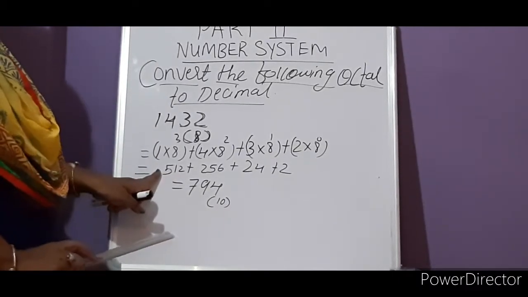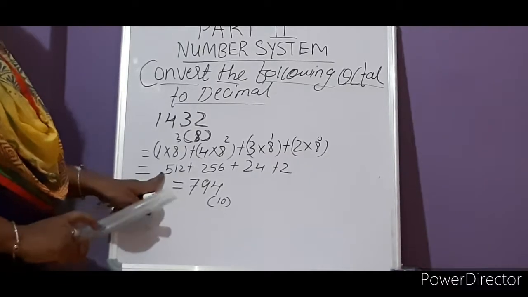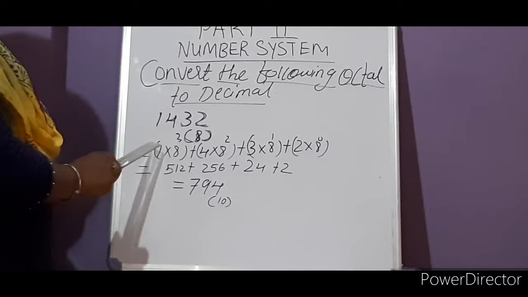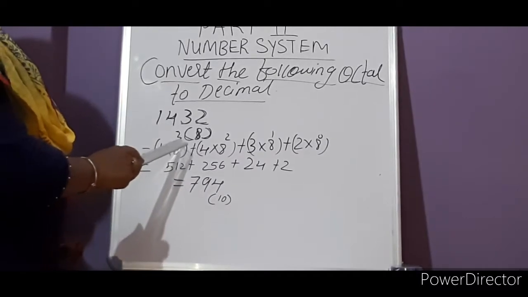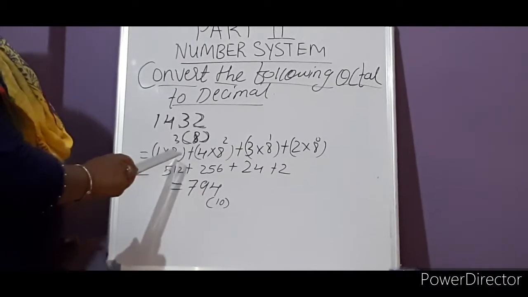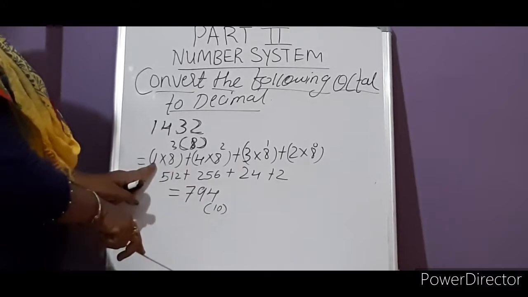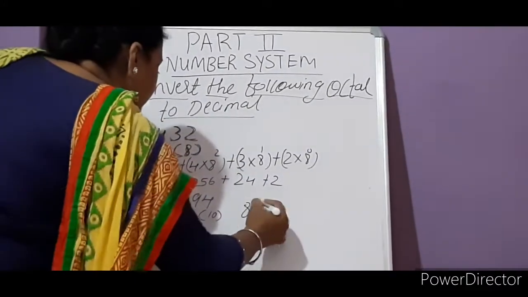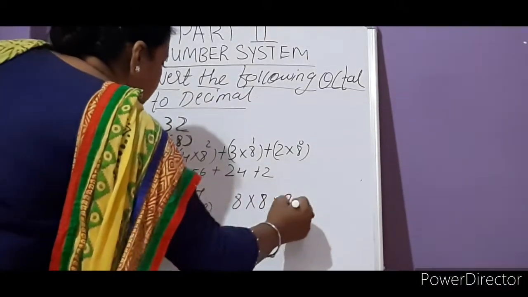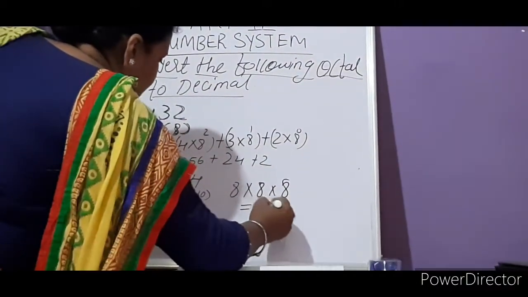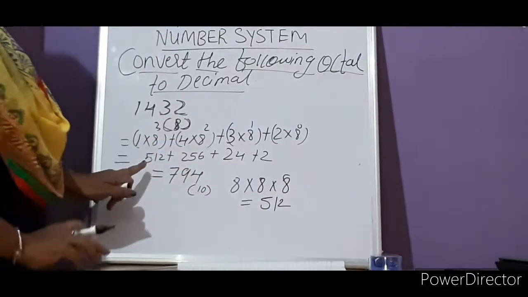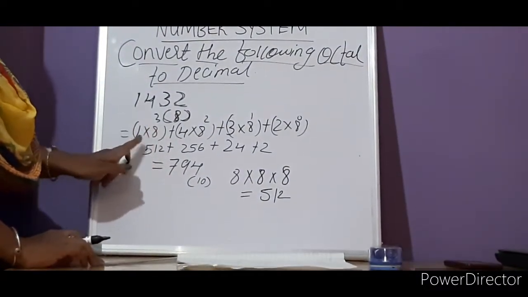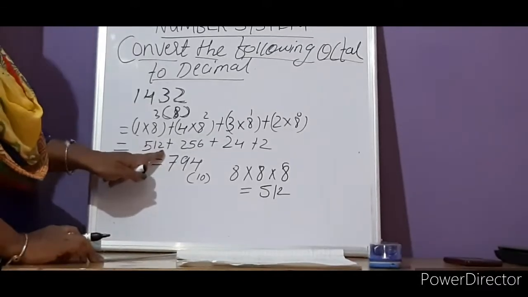How much does it come? 8 into 8 into 8 comes 64 into 8, so the answer comes 512, okay, so we kept here 512, and that only again we take by 1, so the same answer comes here.